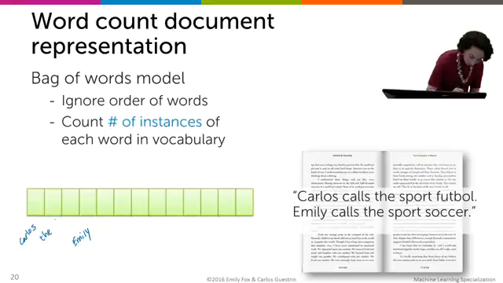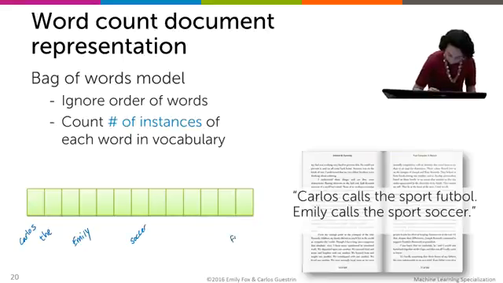and here we have the, and maybe there's soccer, and football, and what else do we need? We need the word sport and calls.